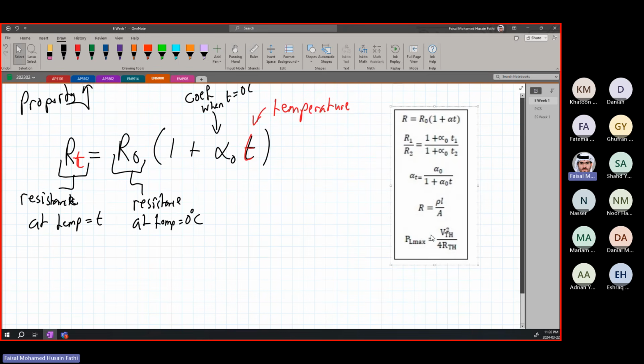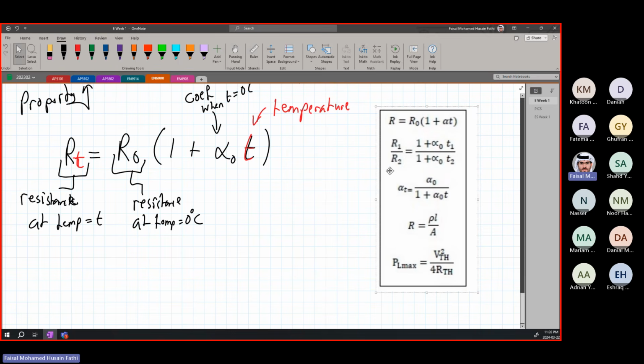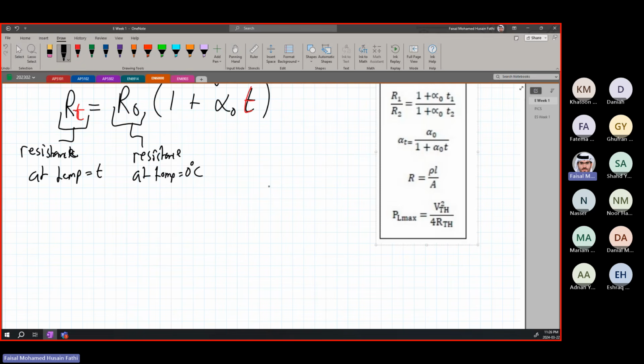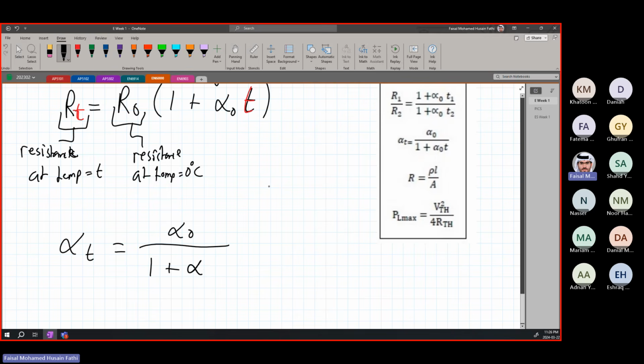There are also other formulas here that you can see, R1 over R2, which I will talk about later when we are solving. And alpha T, which I want to talk about a bit more now. So alpha T is equal to alpha 0 over (1 plus alpha 0 T). We already know what alpha 0 and T are.